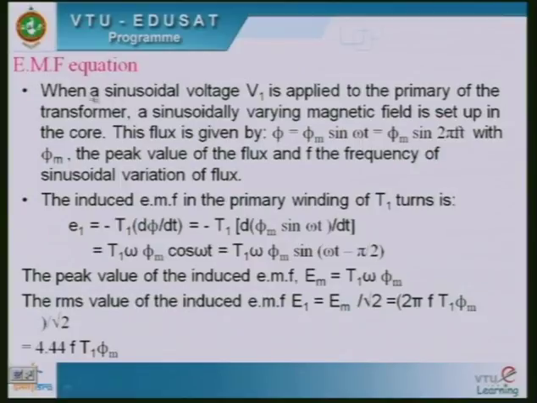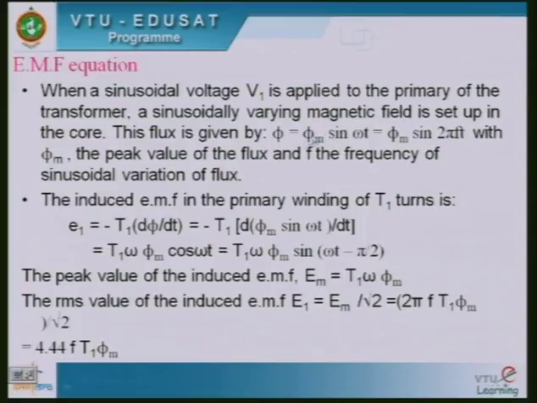Normally a transformer is connected in AC supply systems, where I will be giving a sinusoidal voltage V1 to the primary, and this winding will draw a current from the supply and produce a sinusoidally varying magnetic field or magnetic flux in the core.